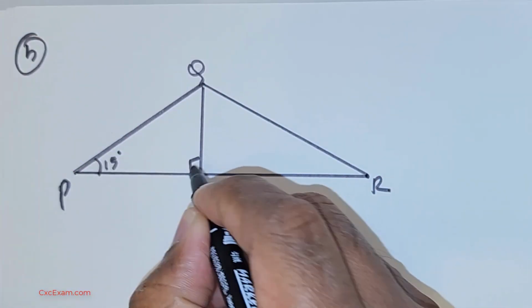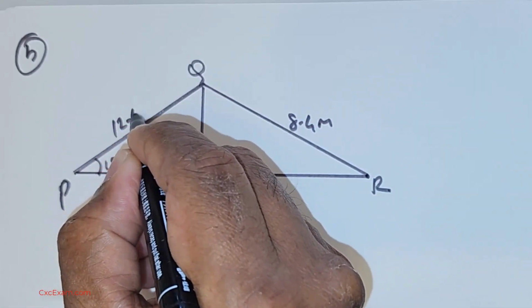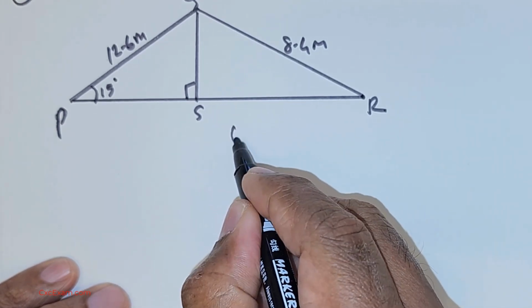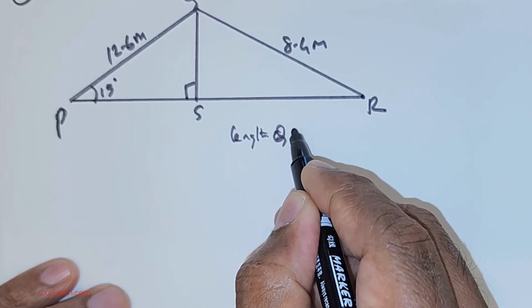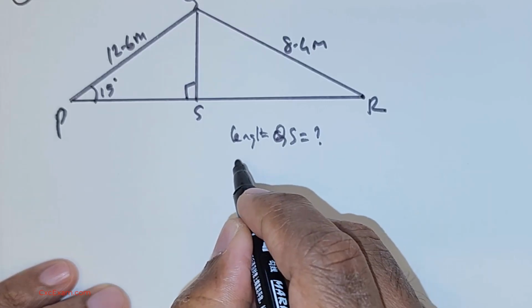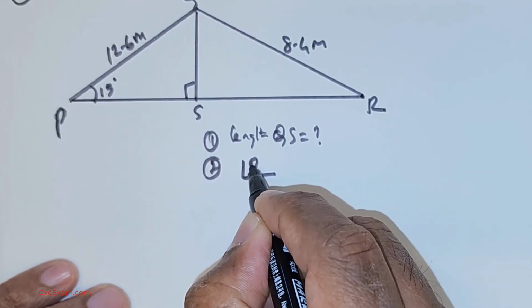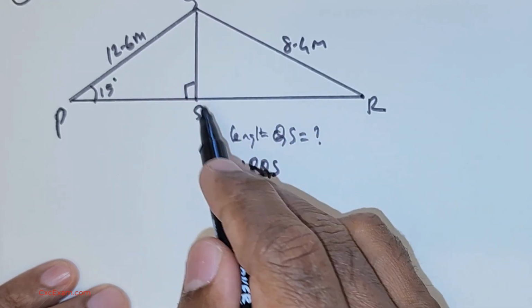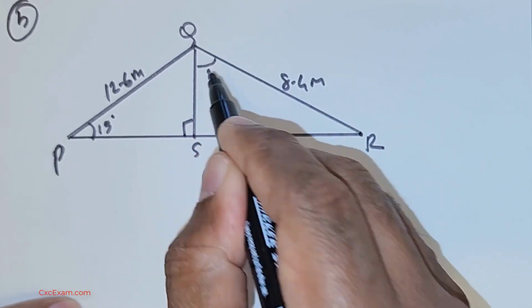This is S, 90 degrees, 8.4 meters, 12.6 meters. You have to find the length of QS. You got to find this length. That's question 1. Question 2 is you have to find angle RQS. Okay, you have to know this value.